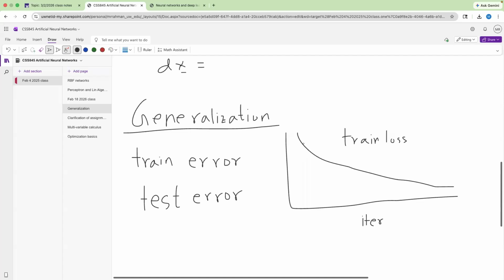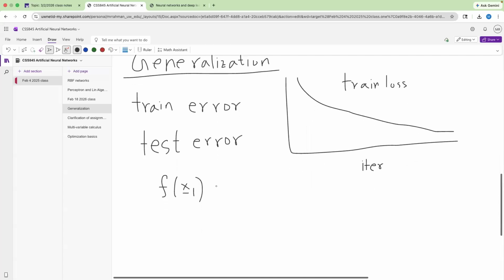So basically, what you're doing is trying to adjust your weights such that you are correctly classifying all of your training data points, right? Let's say your network is called F, and you have an input x1, and that is your final prediction of the network, and you expect this to match your label y1.